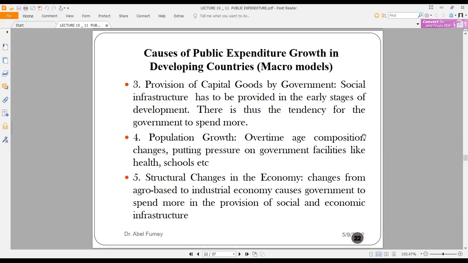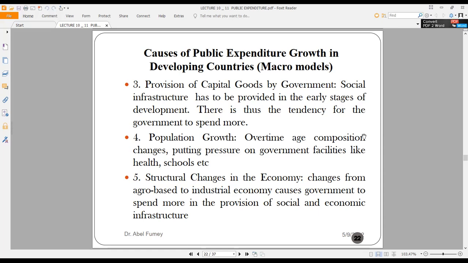And then population growth. As the number is increasing, when Ghana was around 9 million, we didn't need a lot of hospitals, but now we are more than 30 million, and as a result, we need more hospitals, we need schools and all that. So as the economy is growing, we will have to spend more. And then the structural changes in the economy.